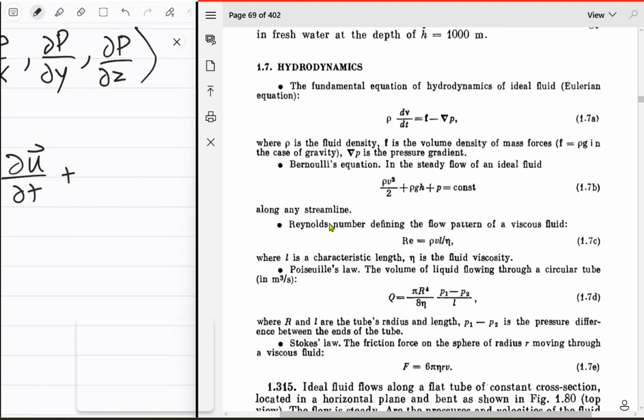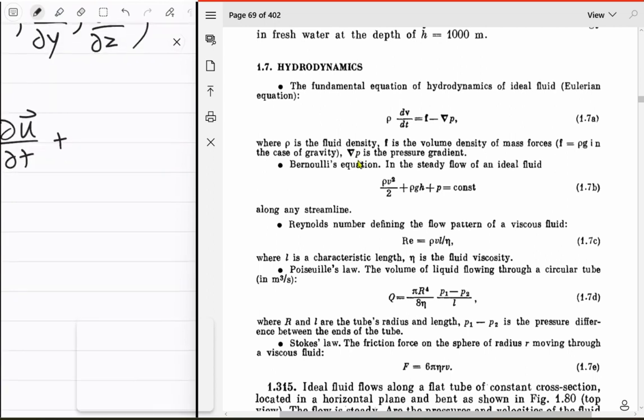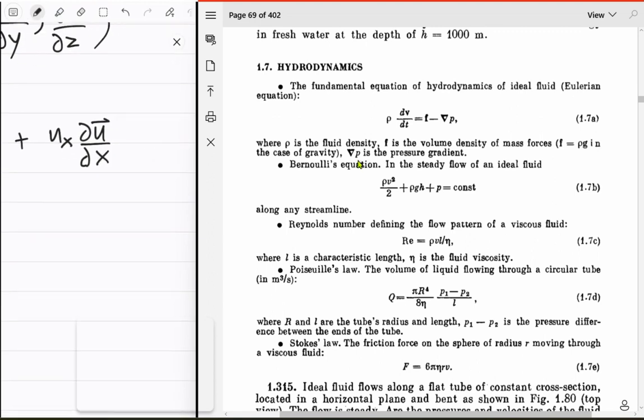So how much is your velocity changing? First of all, how much is it moving in the x direction? That's just ux. Every dt seconds, it moves by ux dt in the x direction. So the change in the velocity will be partial u upon partial x times dx. dx upon dt is just equal to ux, and then similarly for all of the other directions.